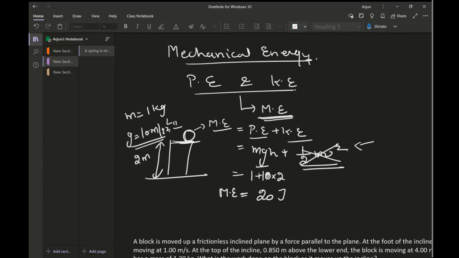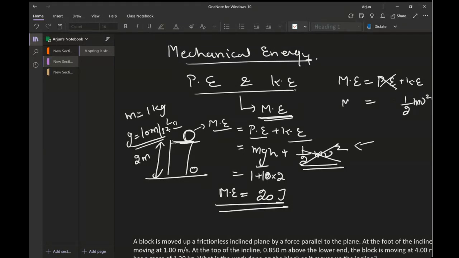That's the mechanical energy. Now, when the ball is about to hit the ground, what will be the mechanical energy at that time? Mechanical energy again will be potential plus kinetic energy, and when the ball is about to hit the ground, potential energy is 0. The whole of the energy is converted into kinetic energy, so it will be half mv square.